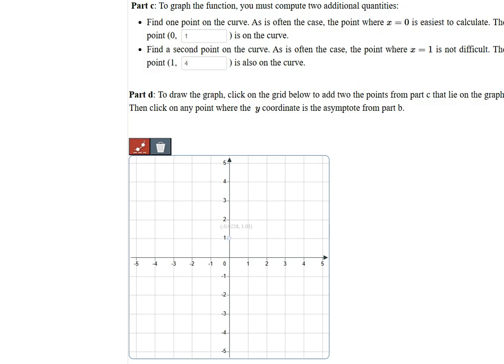Click on here and here to draw the graph. Click on the grid below to add 2 points from part C that lie on the graph. I did that. Then click on any point where the y coordinate is the asymptote. So now I go to 0. There we go. Read the directions, April.